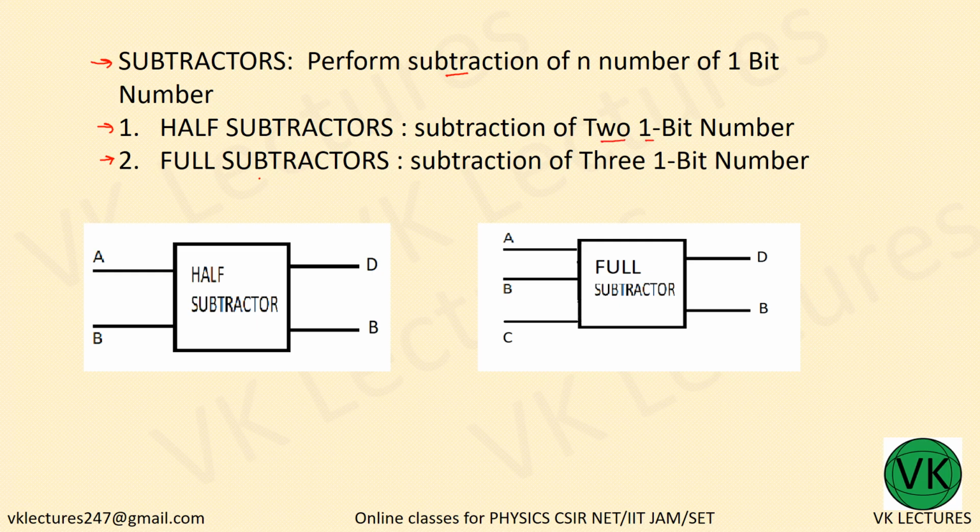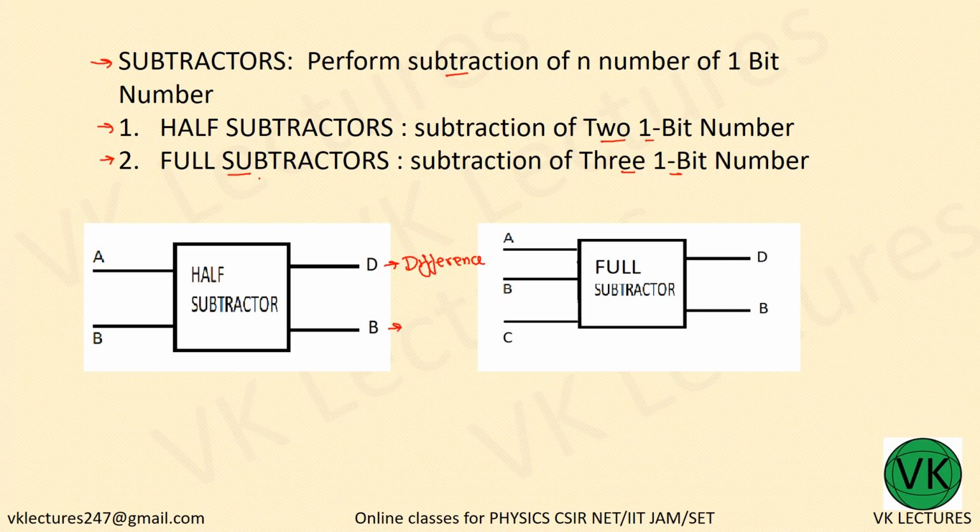For full subtraction you have three 1-bit numbers, similar to the adders. Now for half subtraction you have two inputs A, B, and the outputs D and B. D is the difference terminal or the difference output.